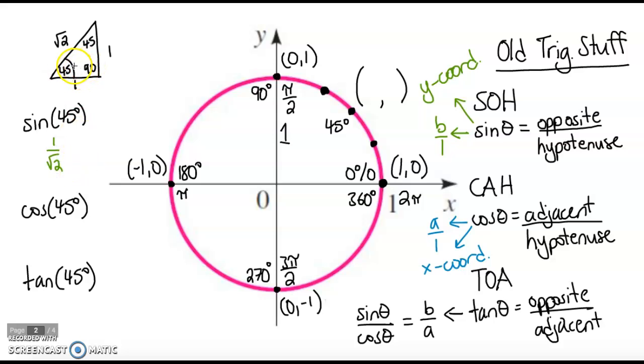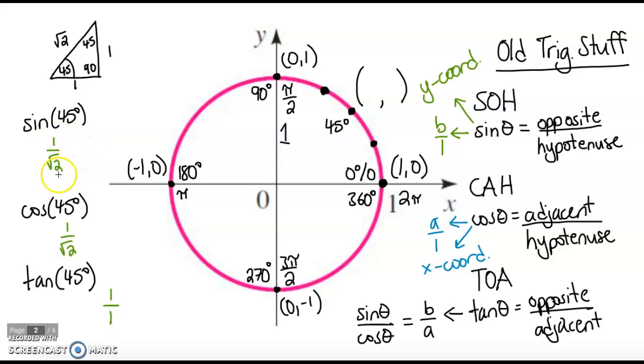For cosine of 45 degrees, I would do my adjacent side over my hypotenuse. So that would give me 1 over the square root of 2. And then if I were to find tangent of 45 degrees, that would give me my opposite side over my adjacent side. So 1 over 1 for tangent.